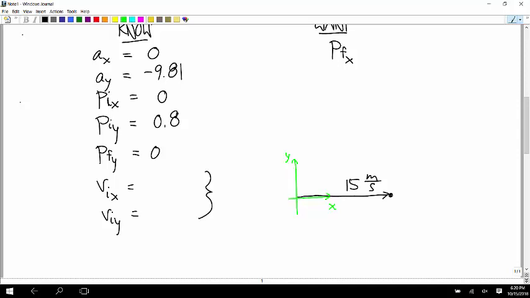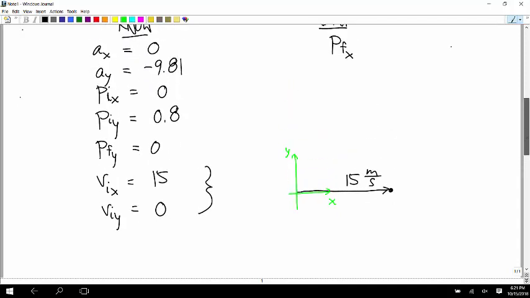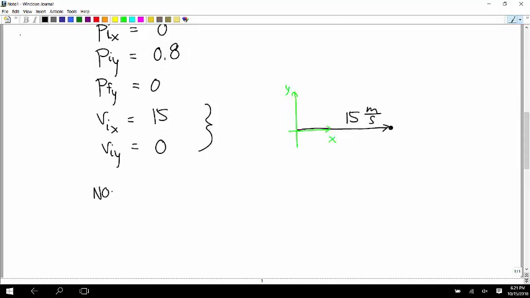So that's just going to be in the positive x direction, 15, and then 0 for y. So VIX is positive 15, VIY is 0. And we're going to treat it like we don't know anything about the final velocity. Is there an equation that works with this? No. So no equation works. So let's try to find TF and see if that helps us.